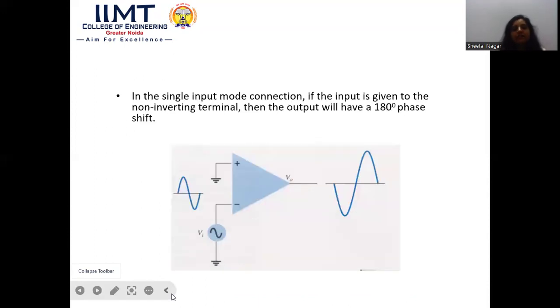Now, in the single input mode connection, the input was given to the non-inverting terminal in the last case.